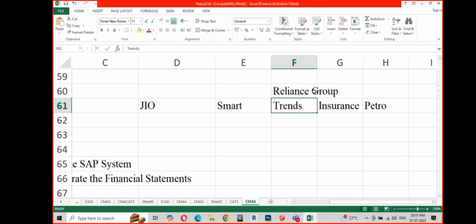Reliance Group. So you have all these entities: your Jio, Smart, Trends, Insurance, Consumer, Petro, whatever. You're having this under one parent. Your Reliance Group is the parent.